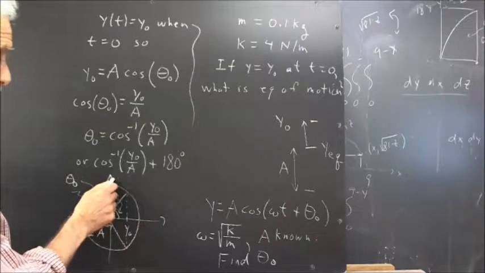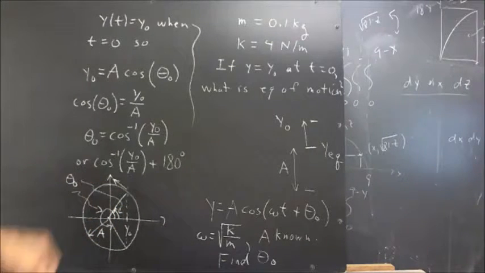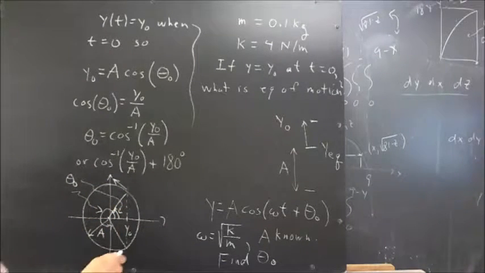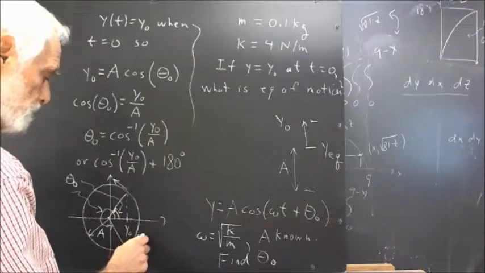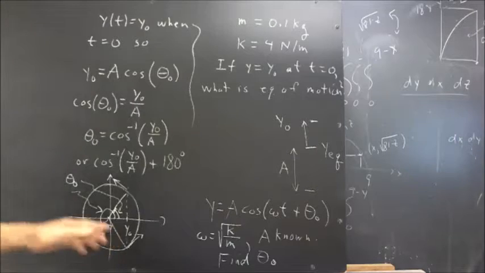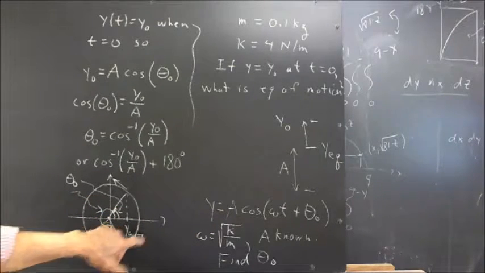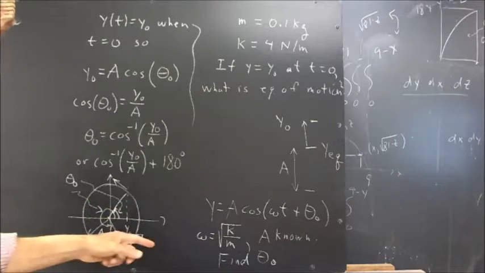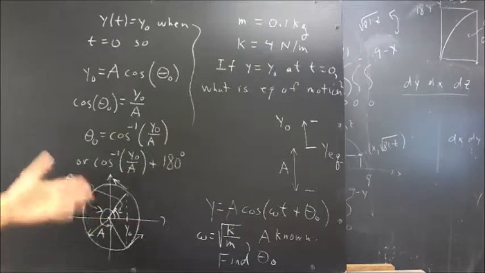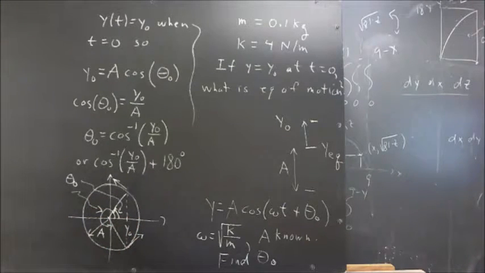Our motion vector in the reference circle would be in this direction, and y naught would be decreasing, whereas if it's here and we're moving in the counterclockwise direction, the horizontal component of this velocity vector would be positive, so y naught would be increasing at the initial instant.